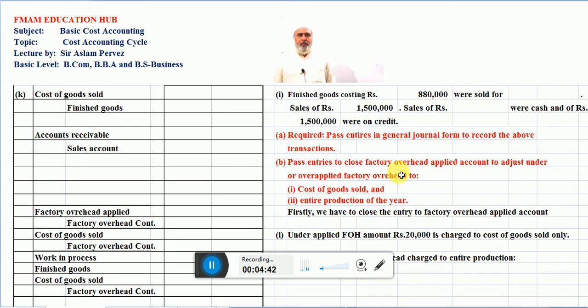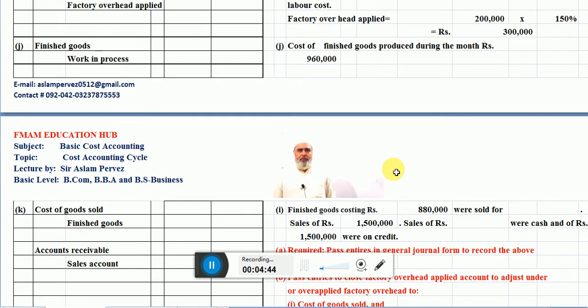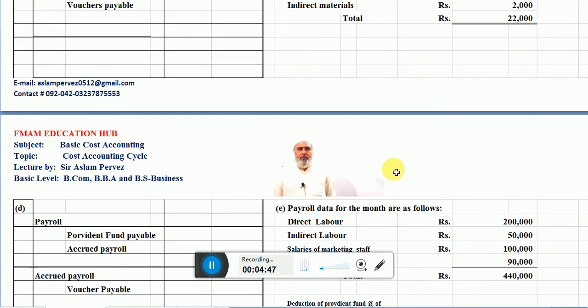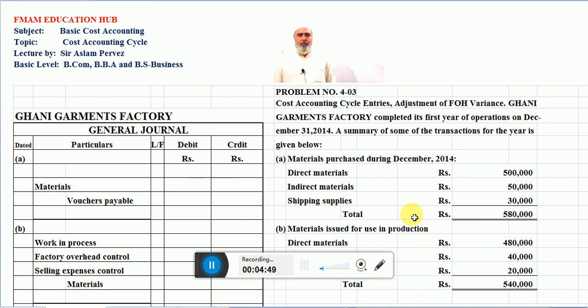Now students, we move again to pass the entries which are given. The first transaction is materials purchased during December 2014. Direct materials, indirect materials, shipping supplies. These are the three types of material: direct materials, indirect materials, and shipping supplies.